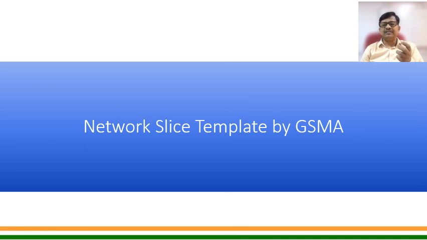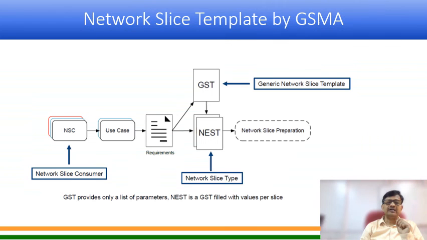These parameters are not defined specific to a slice. This work is actually done by GSMA. GSMA has created a network slice template so that operators can follow, and it will be very useful in the roaming scenario, so that similar services are available across different operators.